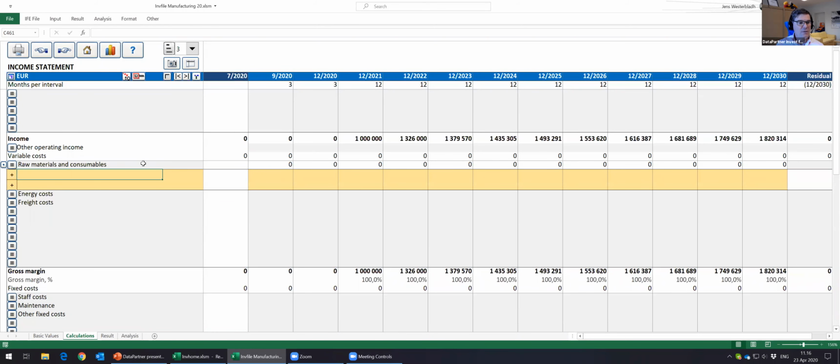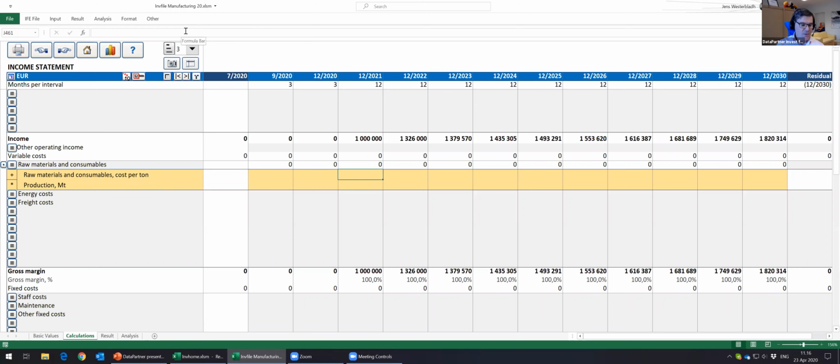So we have the cost per ton, and we have multiplied with production metric tons. Yep.